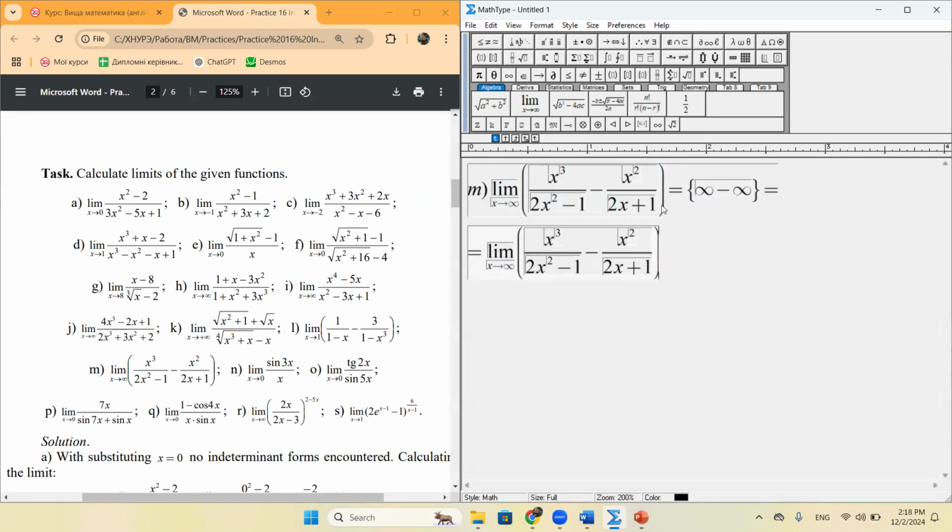As we can see, we can use the formula of square differences. So 4x in power 4 minus 1, and the same here.